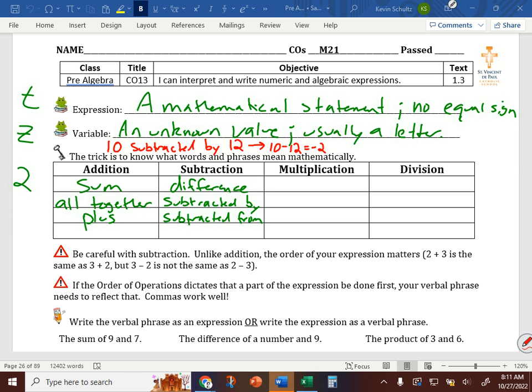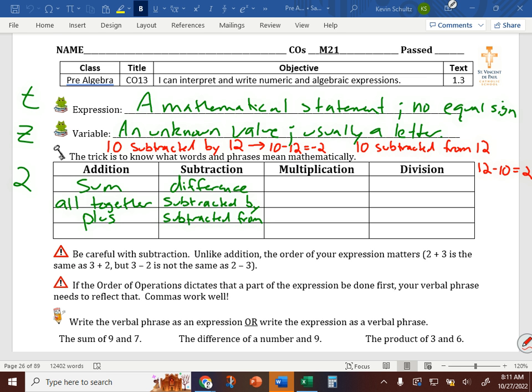However, if I were to use the word from, same numbers, what is 10 subtracted from 12 asking me to do? Still subtraction, but think about the wording. Penelope? Now it's saying 12 minus 10, right? Because if I'm subtracting 10 from 12, that means I'm starting with 12 and subtracting 10 from that. So the order in subtraction is something you really have to pay attention to.